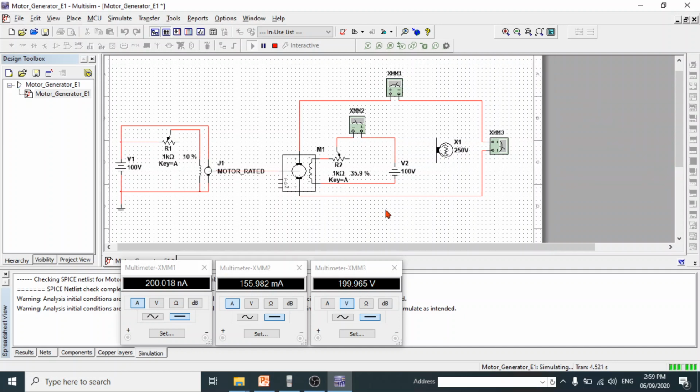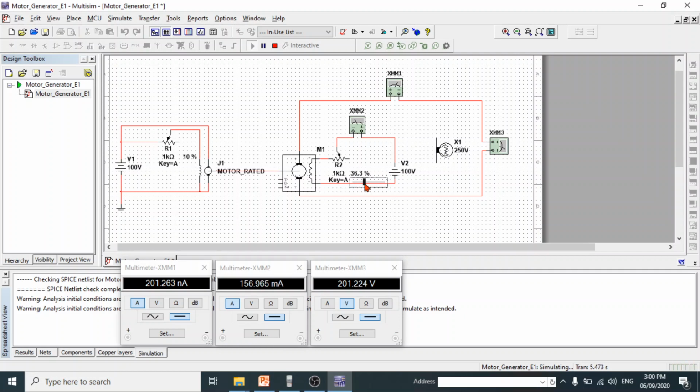Again, when you press the arrow keys, make sure that you click this tapping of the resistor or potentiometer. Just like that, you can increase or decrease.